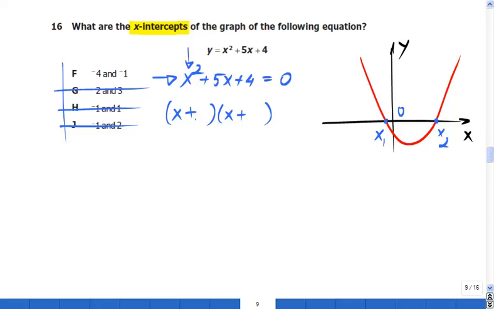Because here my 2 binomials will have addition inside. I mean, there will be 2 terms added in each one of the binomials, because their product is positive 4 and their sum is also positive. So there is no way for me to have 2 numbers whose product is positive, and in that case you can have 2 negatives or 2 positives.